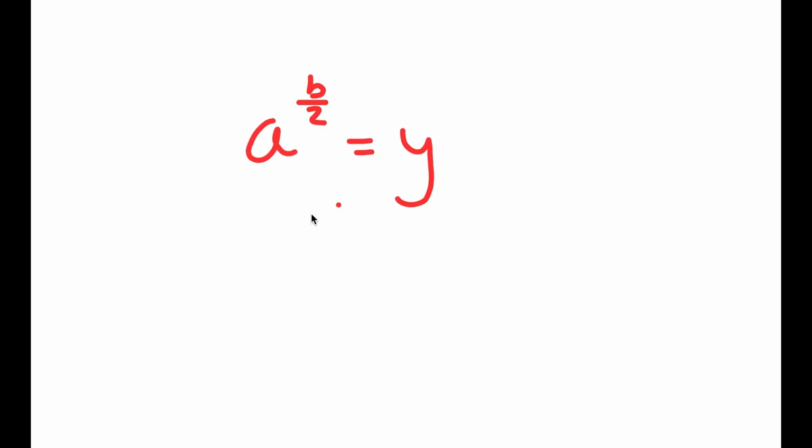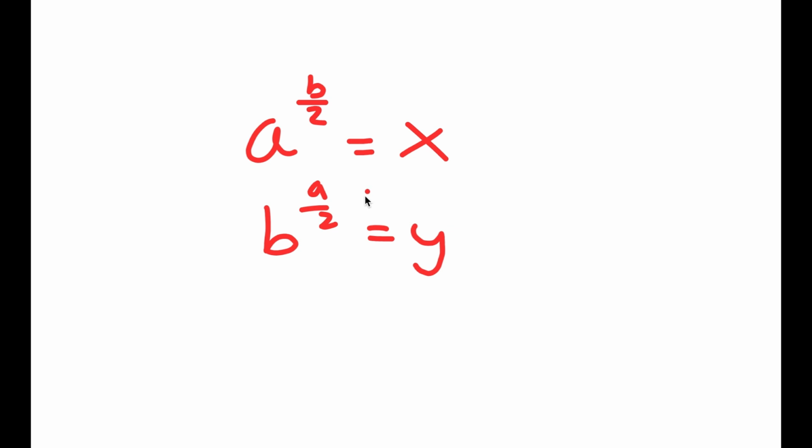So I have a to the power of b over 2 is equal to x, and b to the power of a over 2 is equal to y.